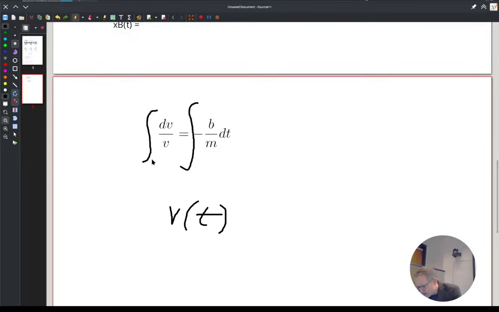I always like to make them exact integrals, like go from v0 to v of t, and then this would go from 0 to t.